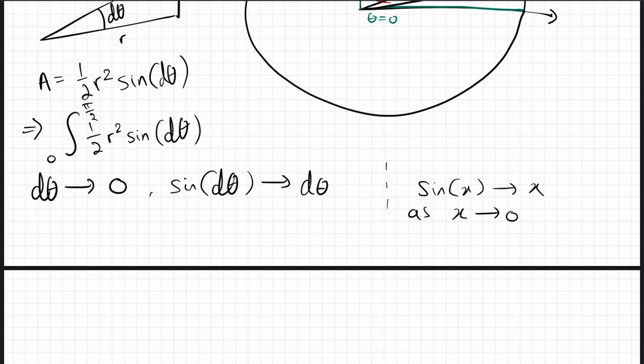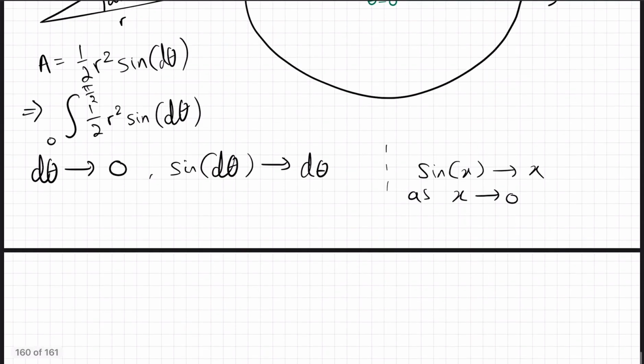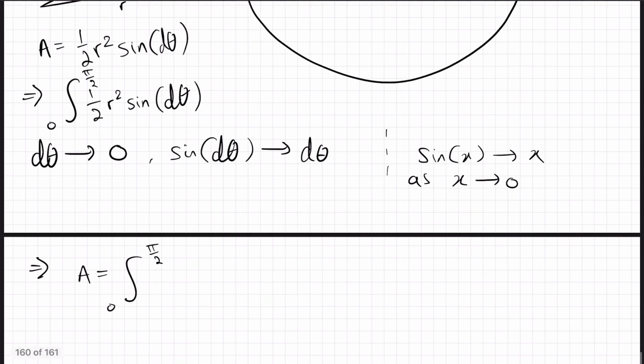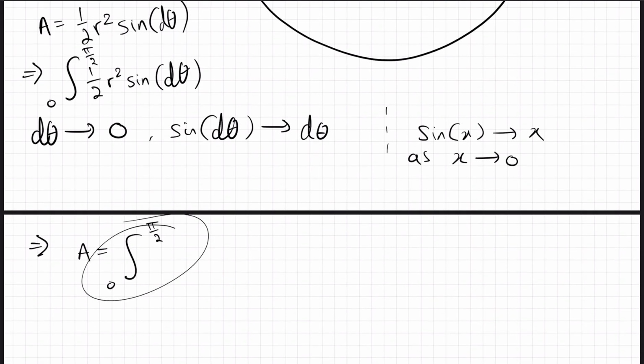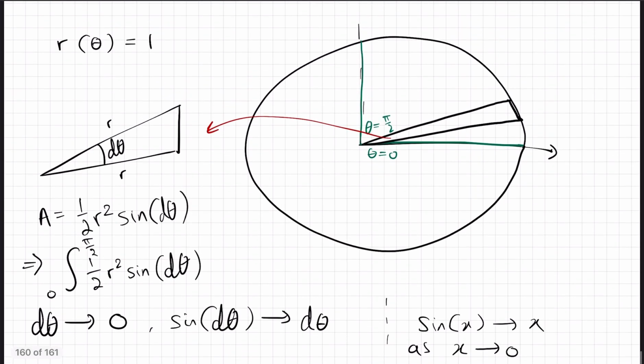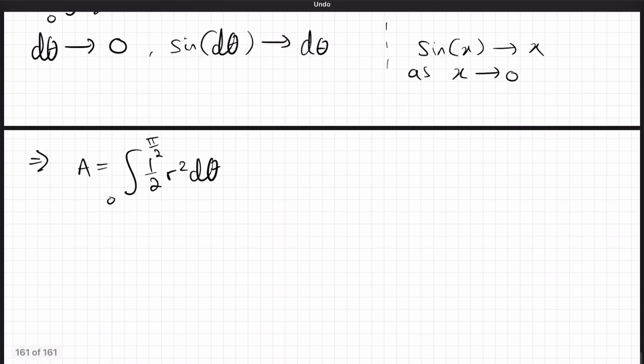As d theta goes to 0, which is what we're considering, sine of d theta just approaches d theta. So overall, the area of any polar equation can be figured out using this formula, the integral of 1/2 r squared d theta between the two bounds. I've just picked 0 and pi over 2, but this could be anything.